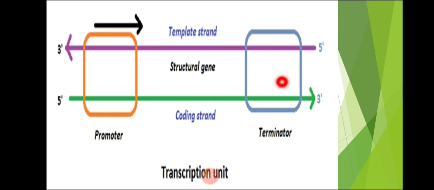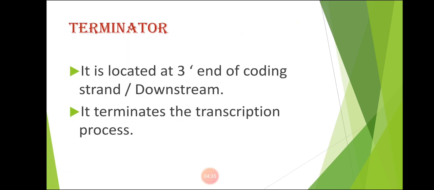Next is the terminator. It is located at the 3' end, that is downstream of the coding strand, and it terminates the transcription process.